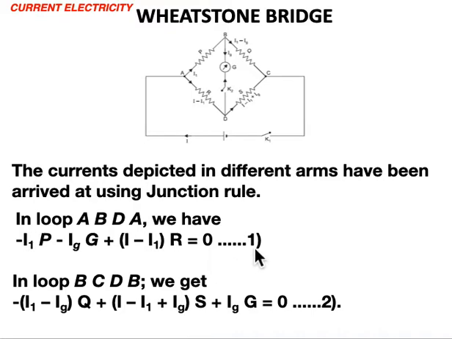This is equation number 1. And then we apply the loop rule to BCDB, starting from B. Along the current, negative IR product, current is I1 minus Ig into Q, plus I minus I1 plus Ig into S, plus Ig G equal to 0.